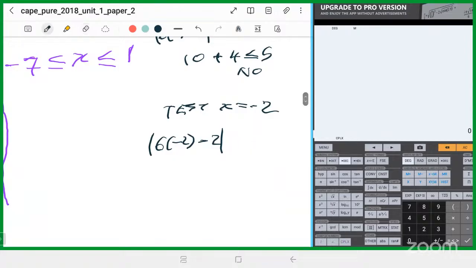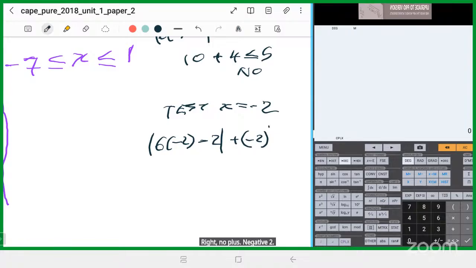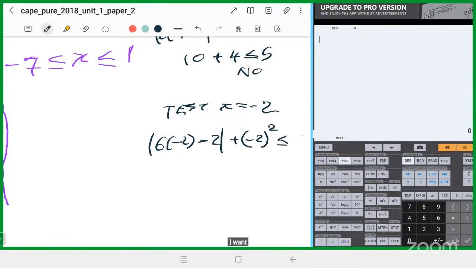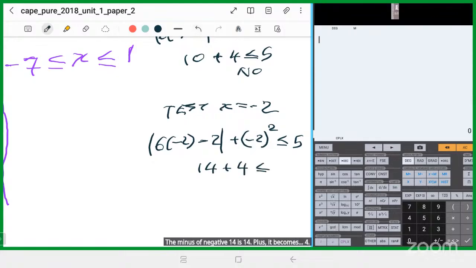So now plus -2 squared. I want to see if that is less than or equal to 5. What is this in here now? This is -12 and -2. That's the modulus of -14. The modulus of -14 is 14. Plus 4. Is that less than or equal to 5?